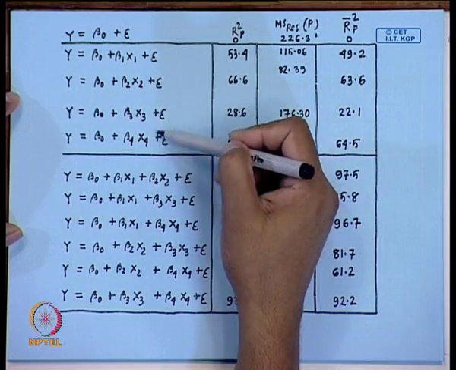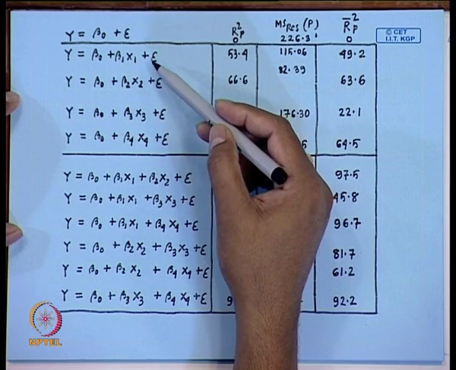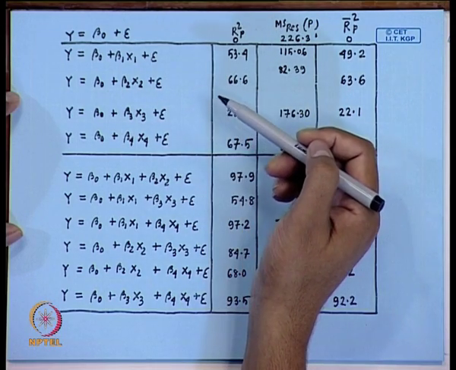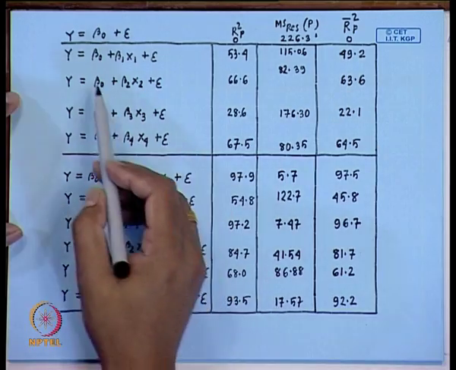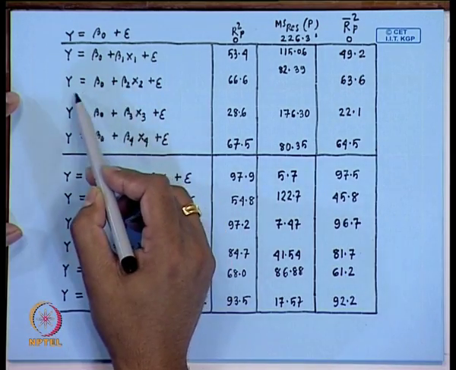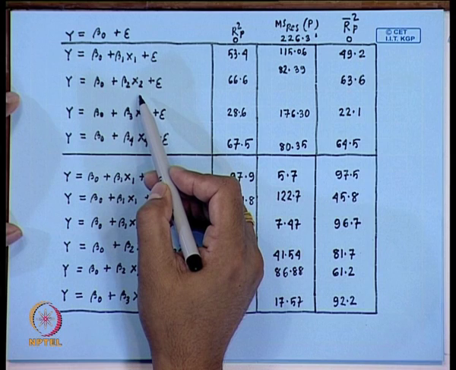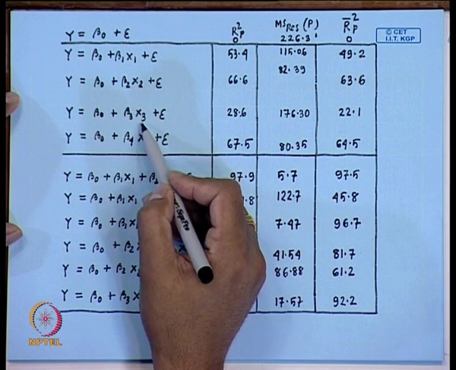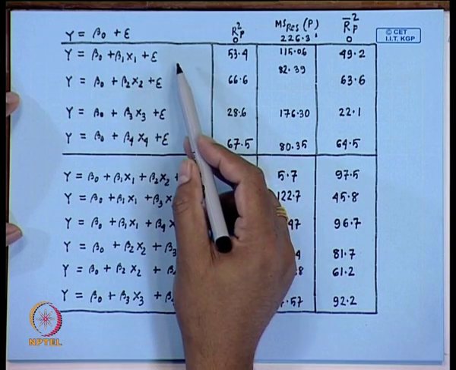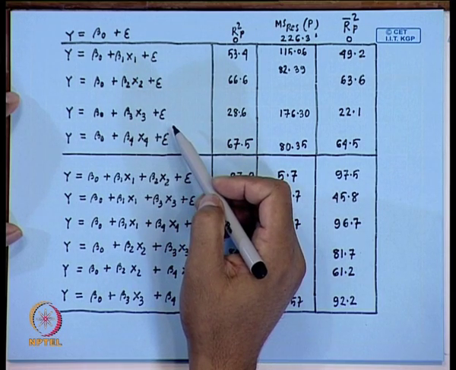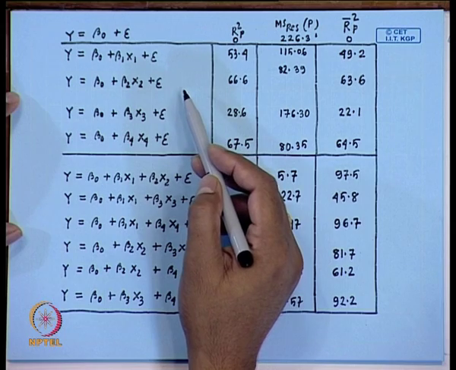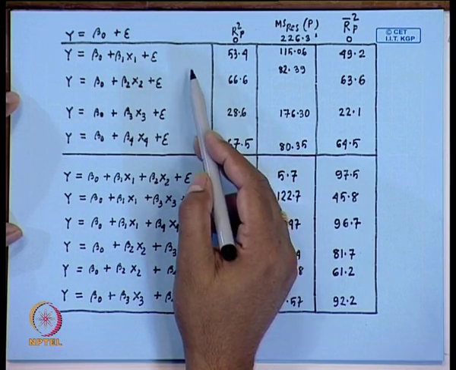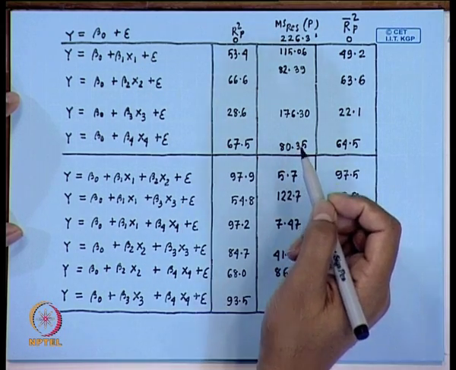Now, these are the models involving one regressor variable. The first one involves x 1, the second equation involves x 2, then x 3 and x 4. So these are the 4 regression models involving one regressor variable.